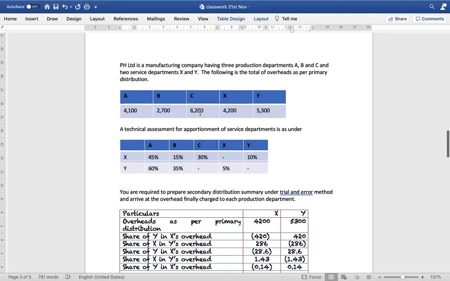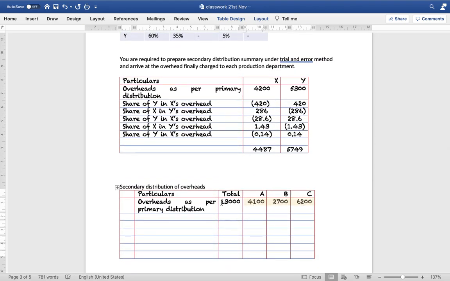When you add these three things, you'll get 13,000.